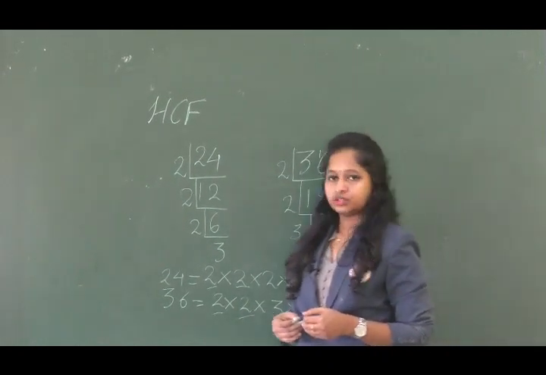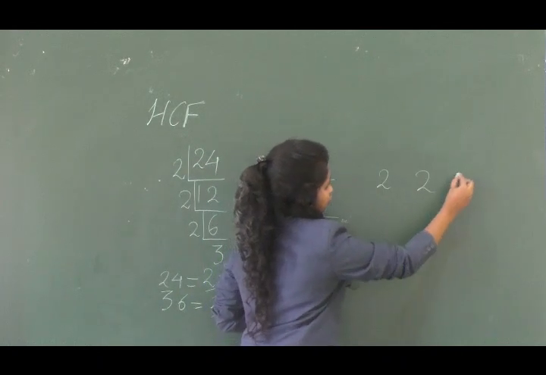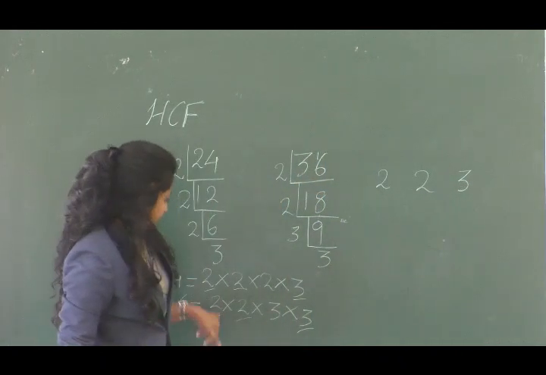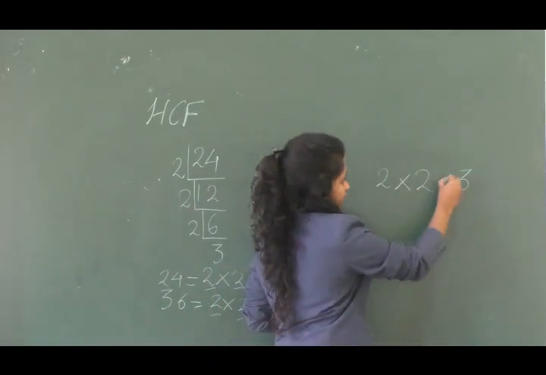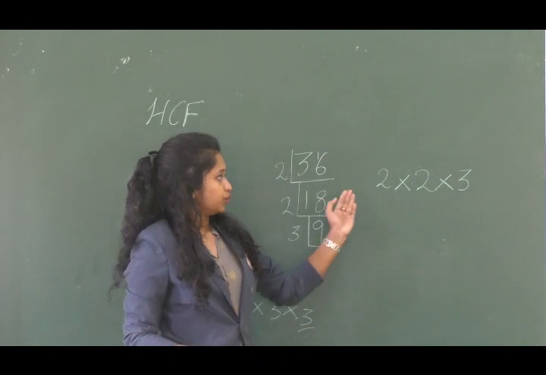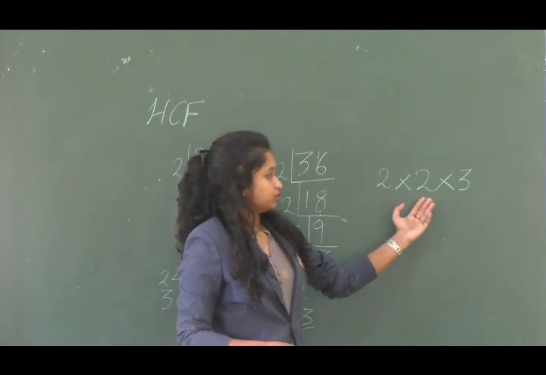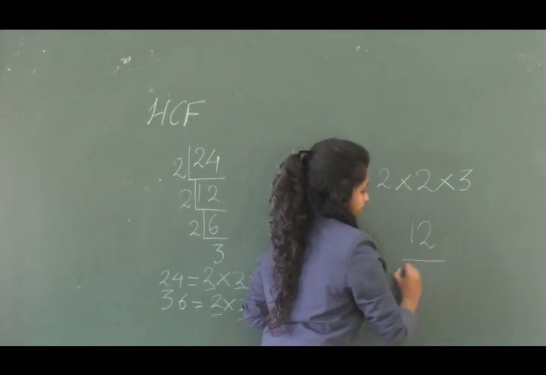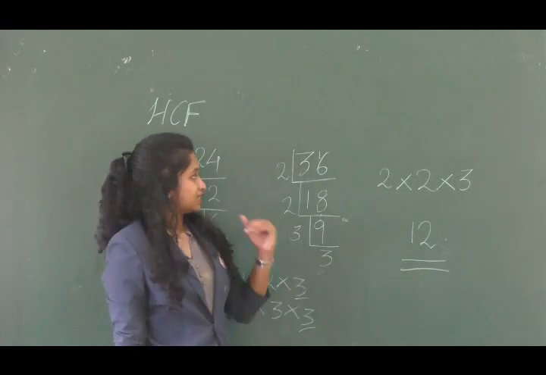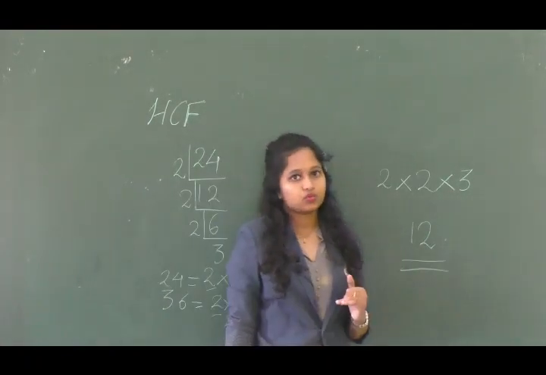Okay, that means the common factors are 2, 2 and 3. Now multiply all these. 2 into 2 into 3. So if you multiply we get 12. So the HCF of 24 and 36 is 12.